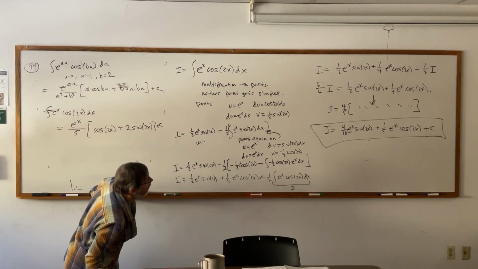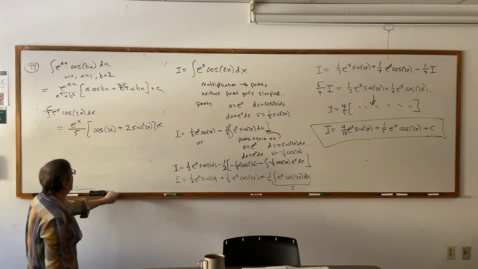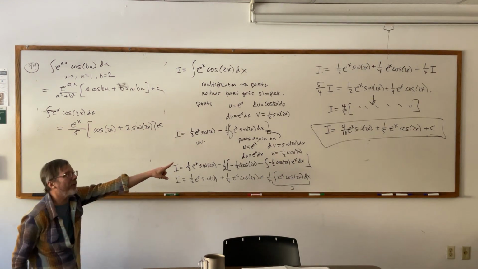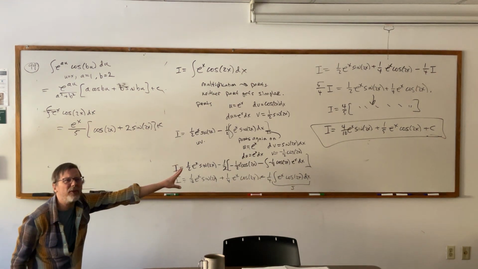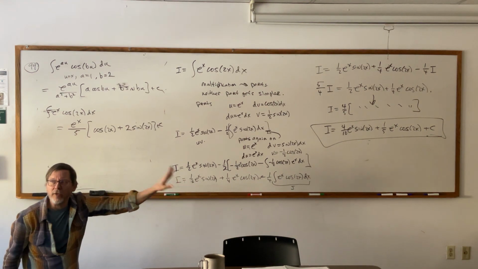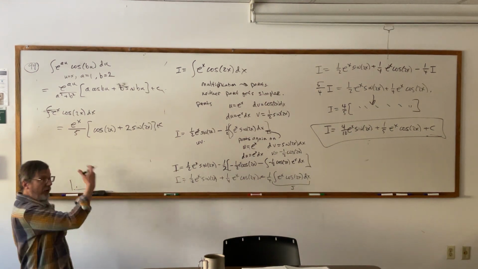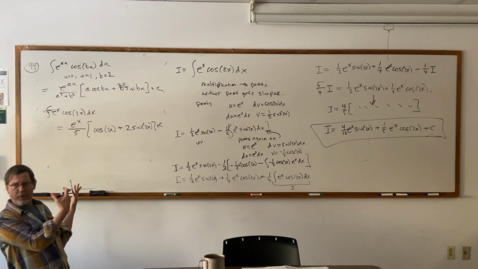And let's take a look at what I've got over there and see that these are the same thing. You see that 4/10 is just 2/5, just not simplified. So I got the same thing, just with way less work.